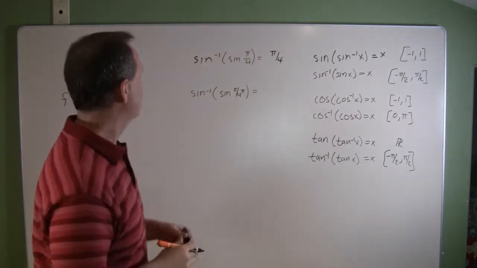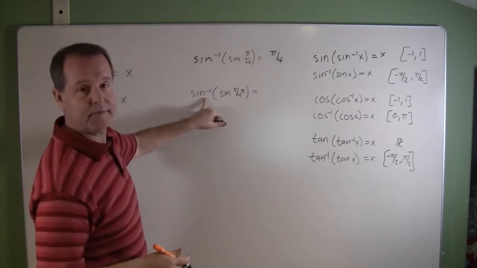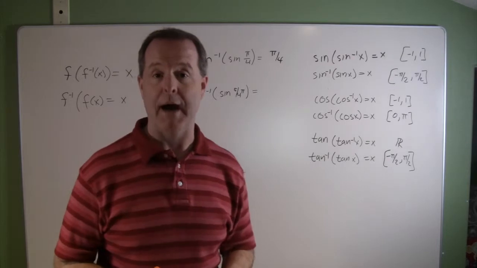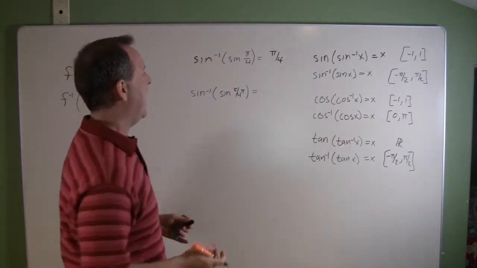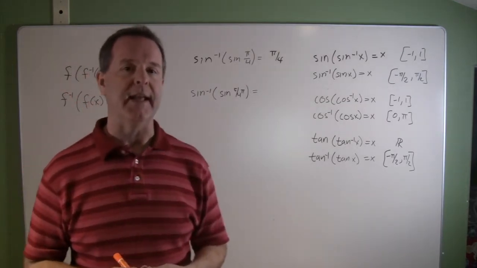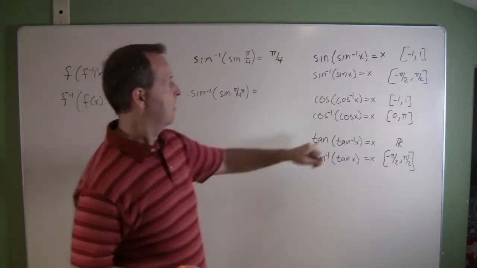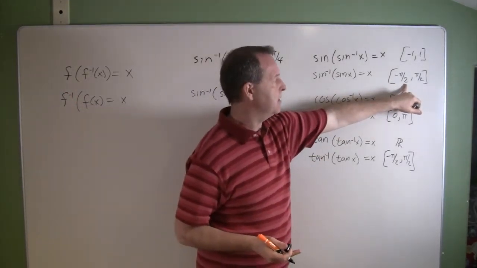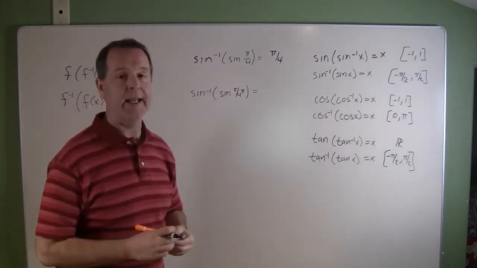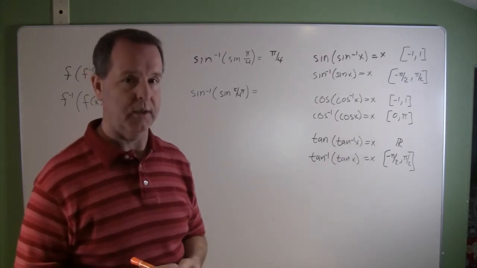Another example, let's take the composite function where I take the inverse sine of the sine of 5π/4. First question I ask is, is 5π/4 within the restricted domain? Well, the domain was again restricted to -π/2 to π/2, and I find out that 5π/4 is outside of that restricted domain.